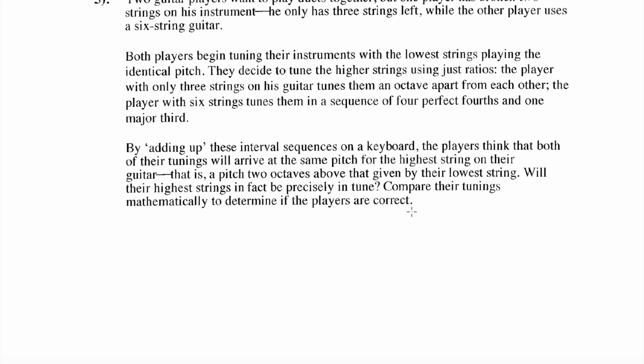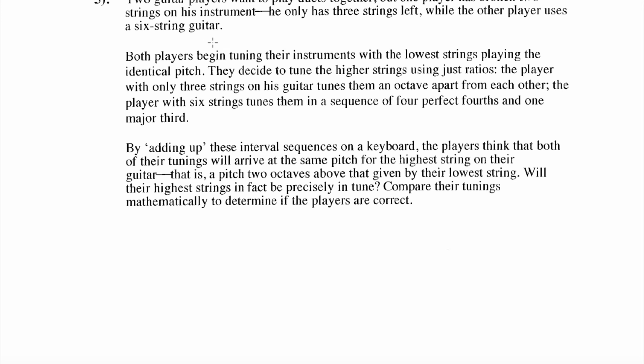So we've got one guitar player who's working with just 3 strings, so you'd be drawing out, for example, you could start at a C below middle C in a bass clef, write a middle C, and then a C an octave above that, and write in the ratios that you're going to be working with, see what they add up to, and against that you will be comparing the 6-string guitar player, and what they are working with is a whole series of ratios.